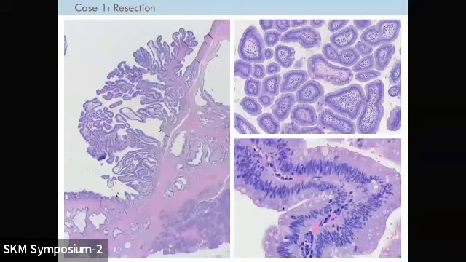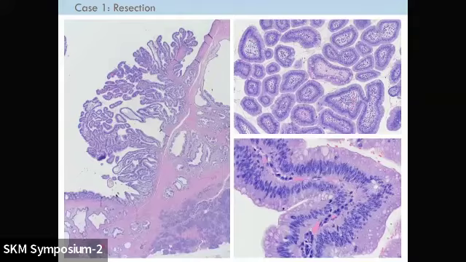The resection was performed, and as you can see over here, this is an image from that resection specimen. It shows an intraductal lesion, which is characterized by formation of these papillary fronds projecting into the lumen. Over here, you see the high-power image, the cross sections of these papillae. These are lined by gastric foveolar type of epithelium.